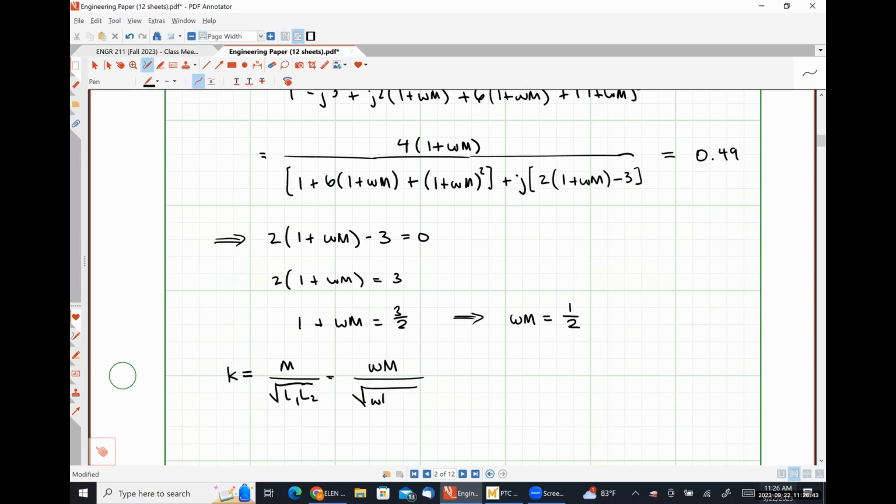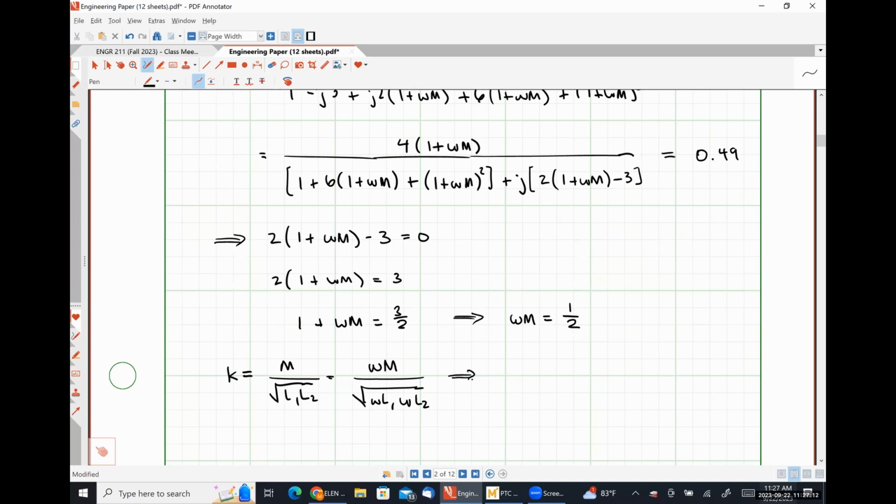And then I'm going to have omega L1 times omega L2. And I literally talked about this when we introduced the concept that you can use either the impedances or the specific component value here, right? So rearranging this guy, we're going to have, let's see, no, we don't have to rearrange anything, right?